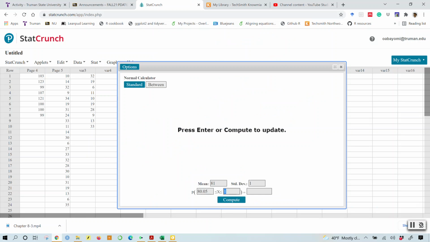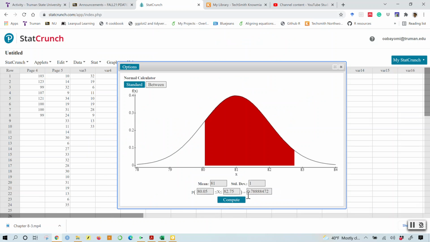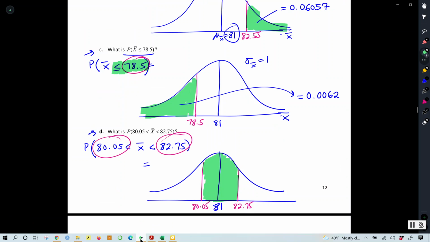So key that in and hit the compute button. So I have 0.7889. The size of that area is equal to 0.7889. We're done with that question.